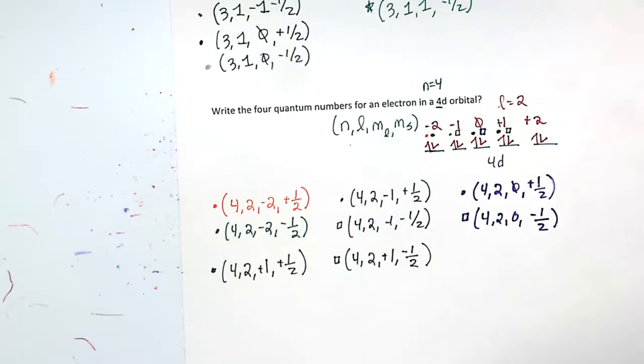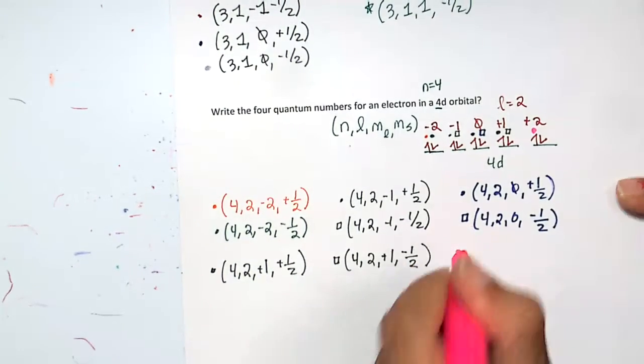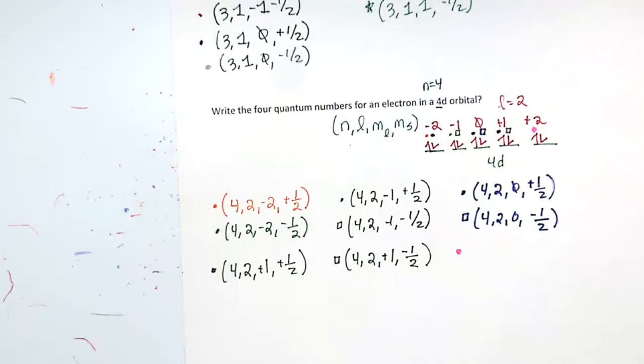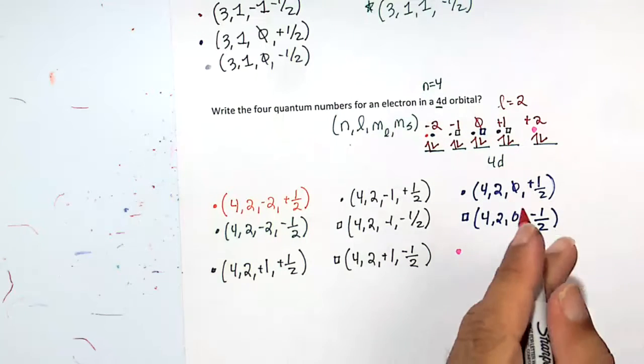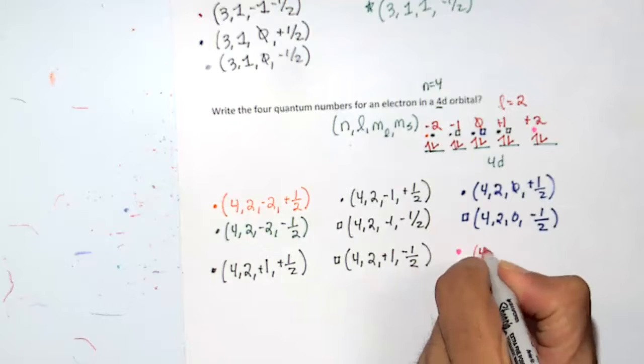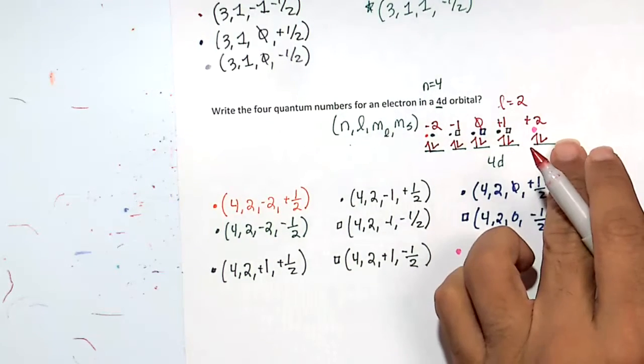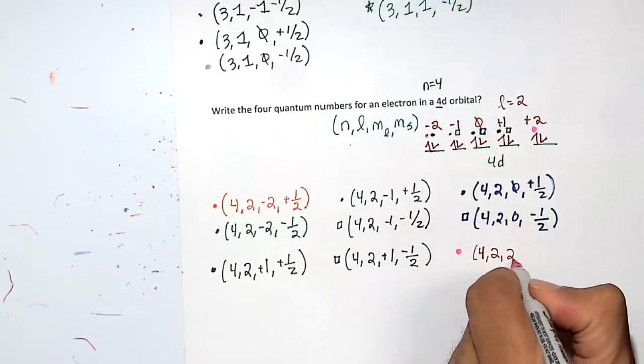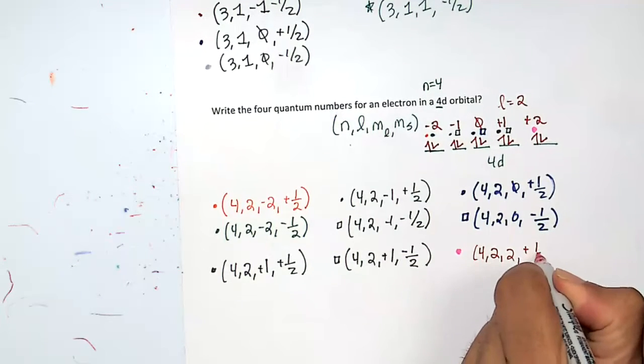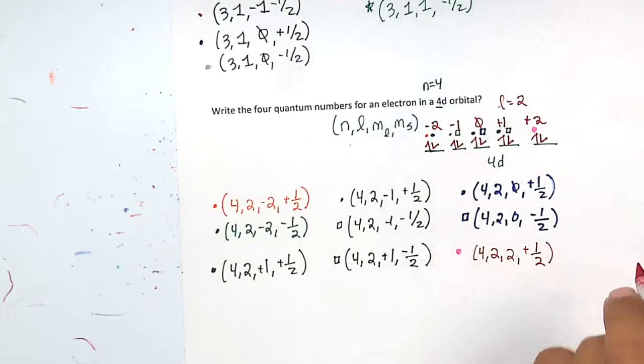How about this pink electron here, pink dot? That pink electron there is going to be n equals 4. L is 2 for a d orbital. It's in m sub L 2. And it's spin up. Spin up is the same thing as plus 1/2.